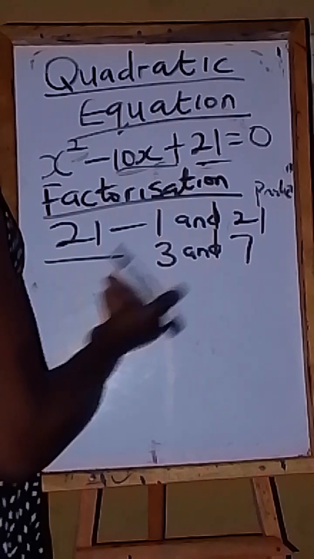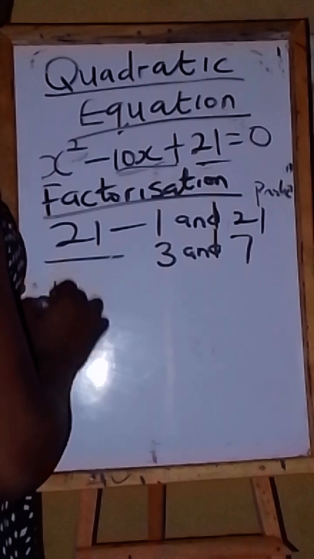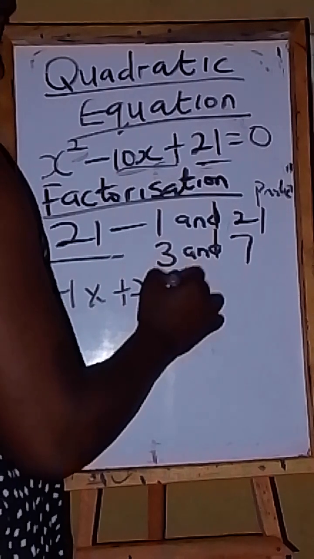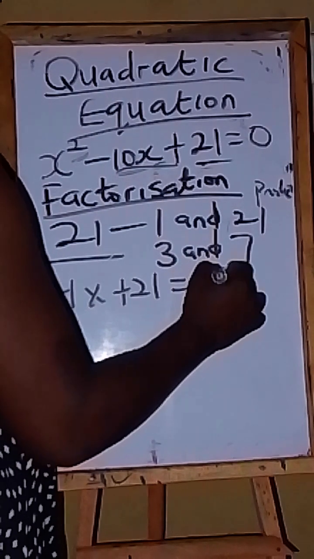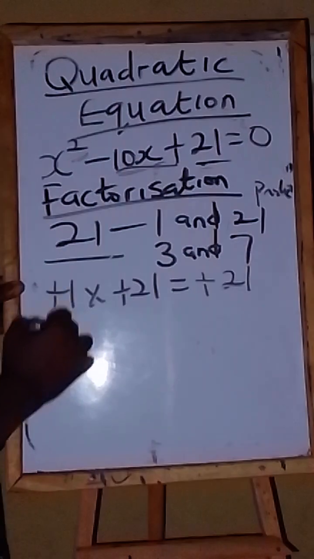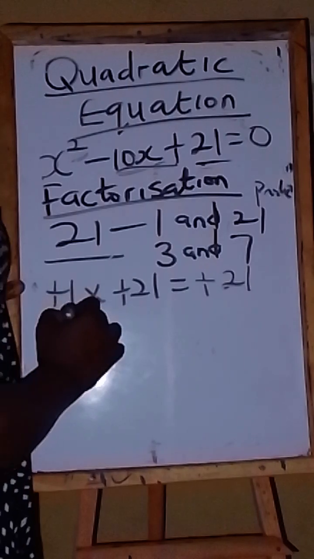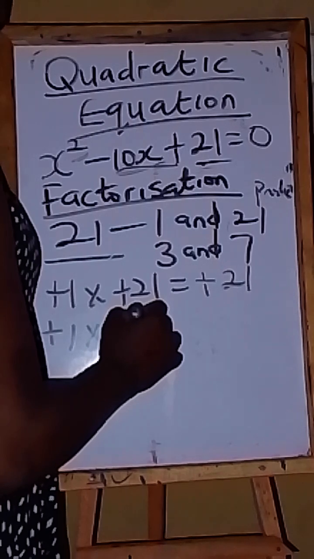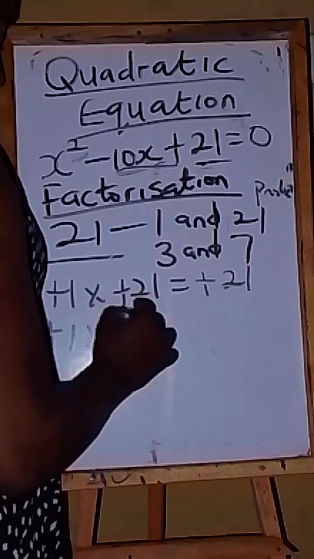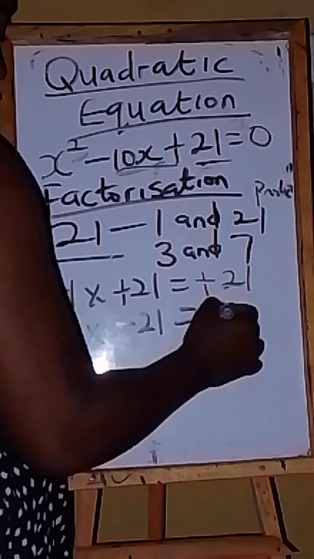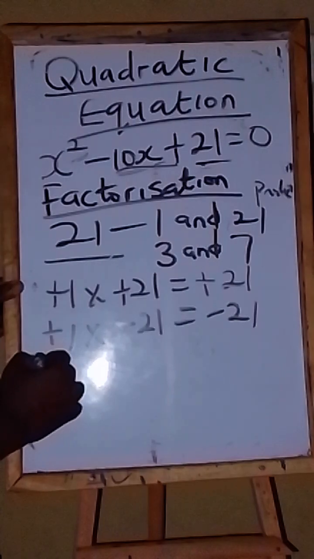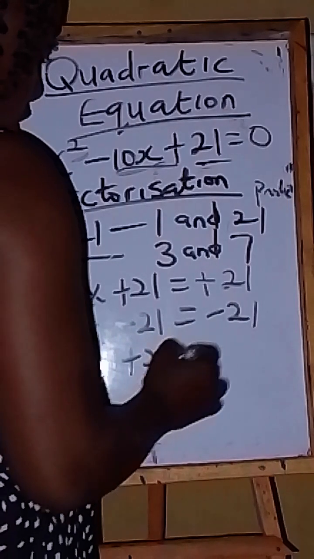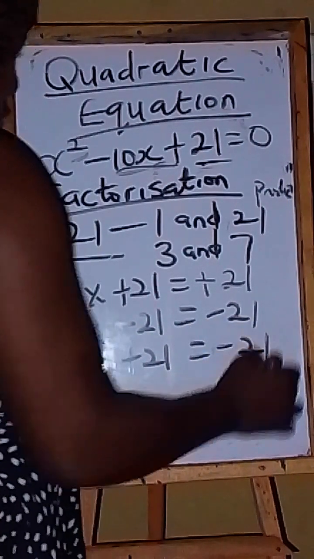So I will start from this. If I pick plus 1 times plus 21, that will give us plus 21. If I pick minus 1 times plus 21, that will give us minus 21.